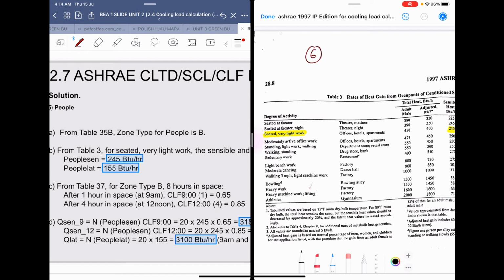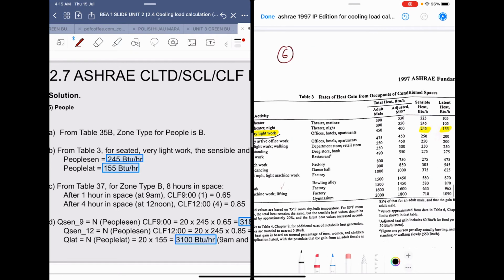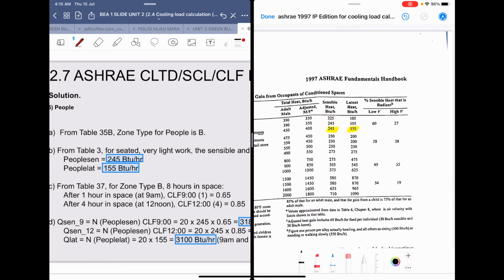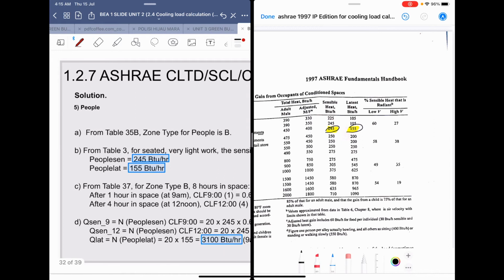The situation is seated very light work. The students in the classroom are all seated and doing very light work like writing. This is applicable for office, hotel and so on. We can see the sensible heat for this activity is 245 BTU per hour, while latent heat is 555 BTU per hour. So this is people sensible, people latent.